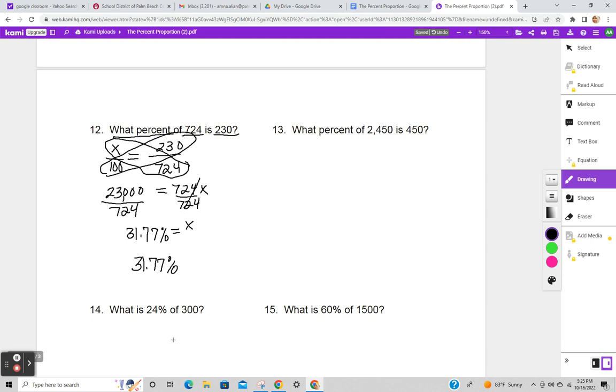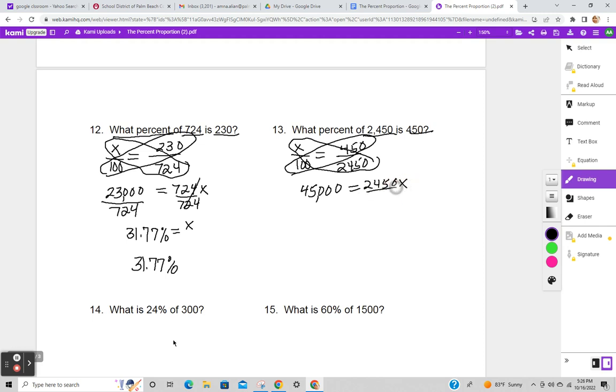All right, let's go on to the next one. What percent of 2,450 is 450? We're looking for the percent again. It's going to be x over 100. We have our of, 2,450, and our is 450. So we'll take the cross product. 45,000 equals this cross product, 2,450x.